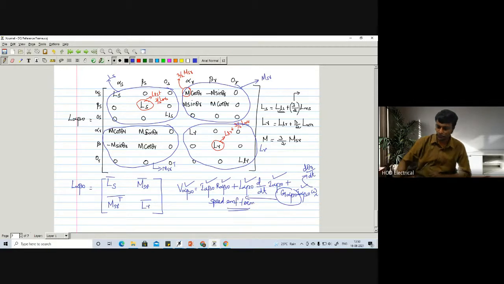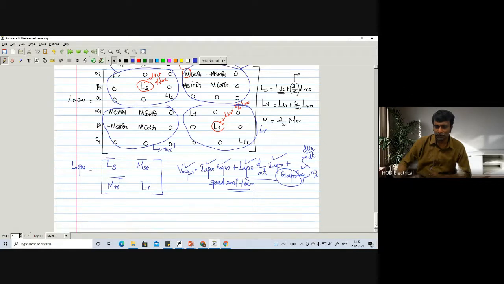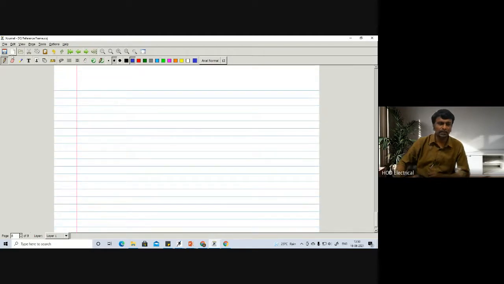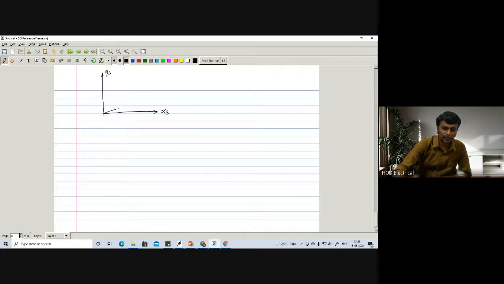How the speed EMF term is derived, we have to see. For that, let me go to the next slide, where I will explain. We already know this is the stator alpha S and this is beta S. Then we have alpha R and beta R, and the angle between these two will be theta.